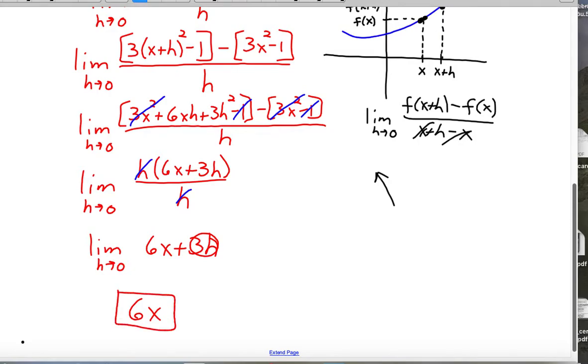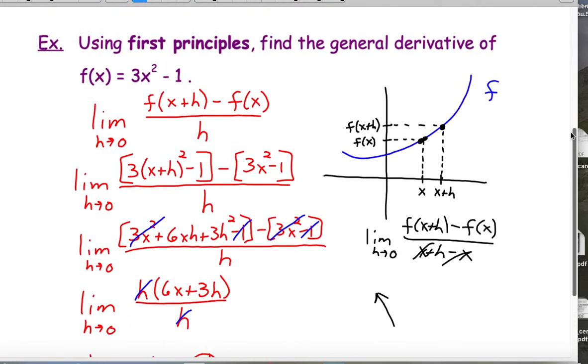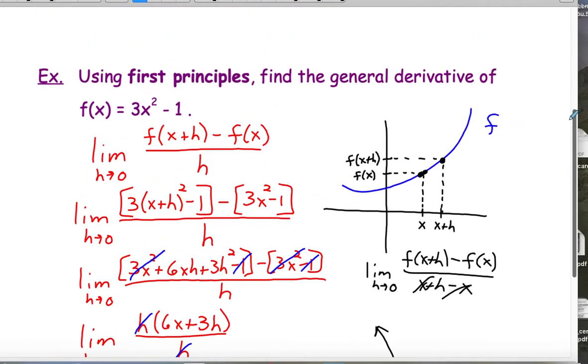And the notation that we use for the general derivative is f prime. Do this in a different color. So f and a little tick mark, f prime of x equals 6x. And so that's the general derivative function.